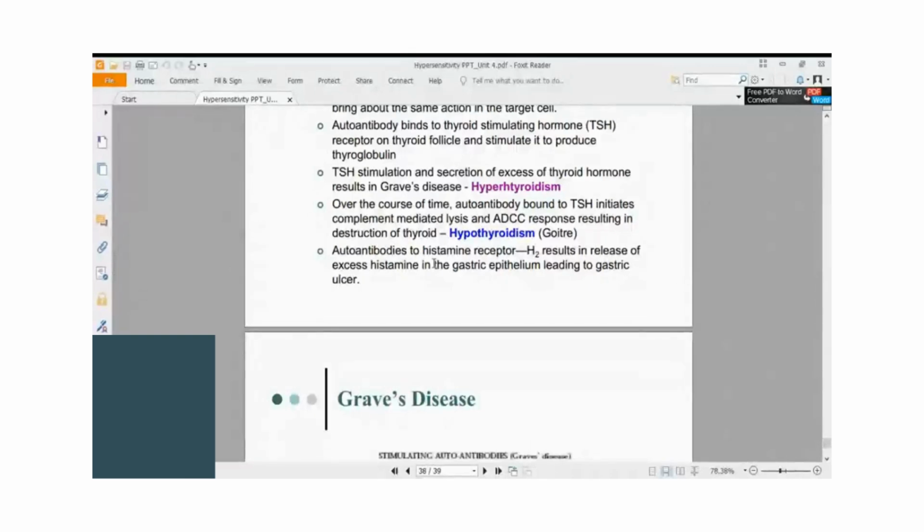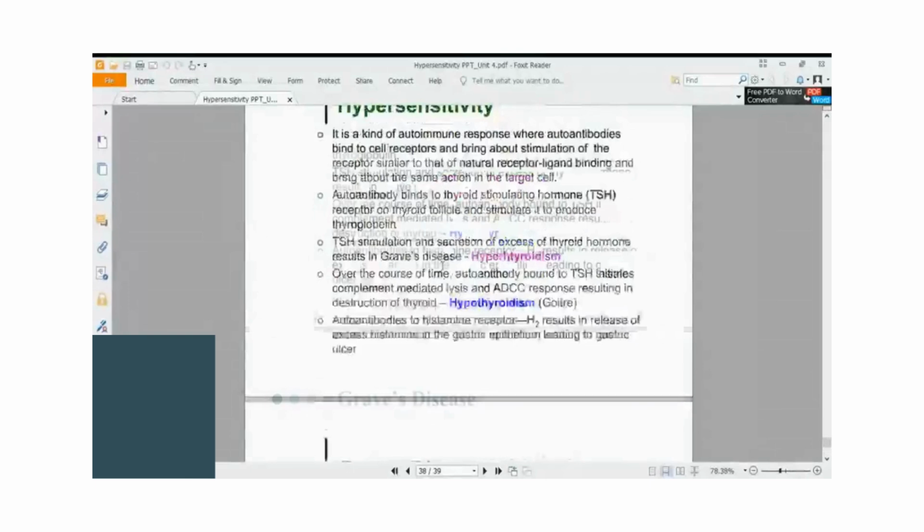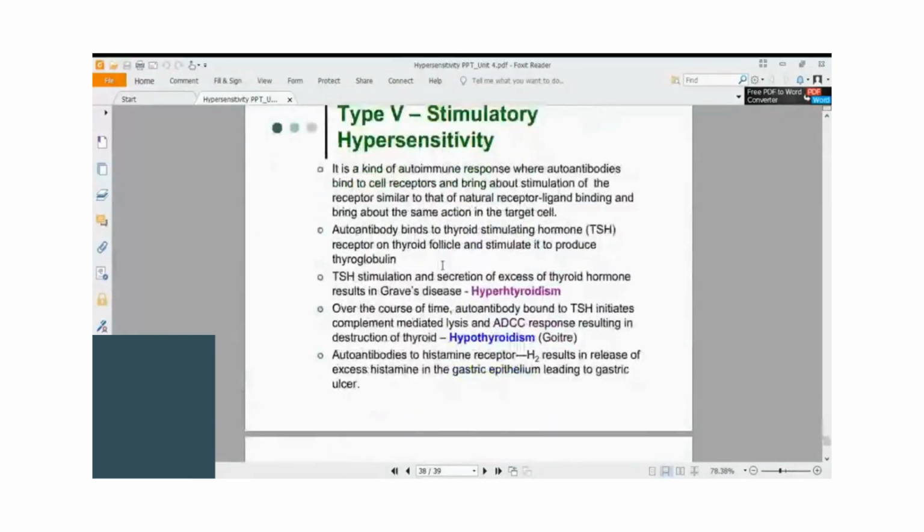And it is found that those people who develop the autoantibodies to the histamine receptor will become cimetidine resistant ulcers. In the sense, they will develop ulcers which will not respond to the drug. So these are the two examples that you can give for type 5 hypersensitivity. Okay, that is as far as the types of hypersensitivity is concerned.